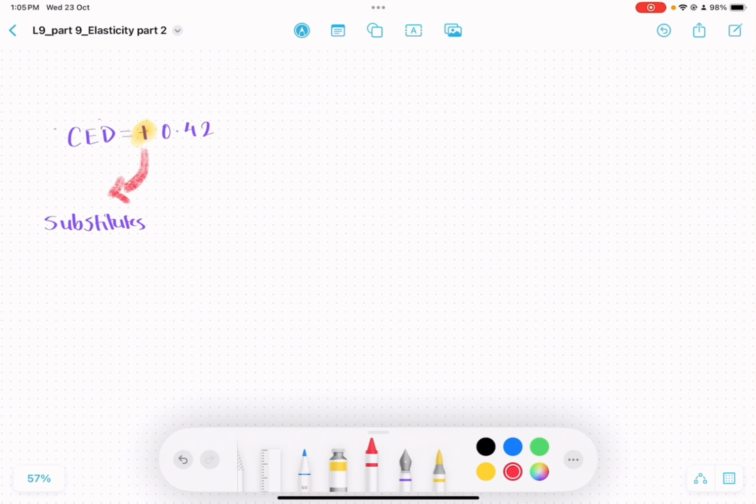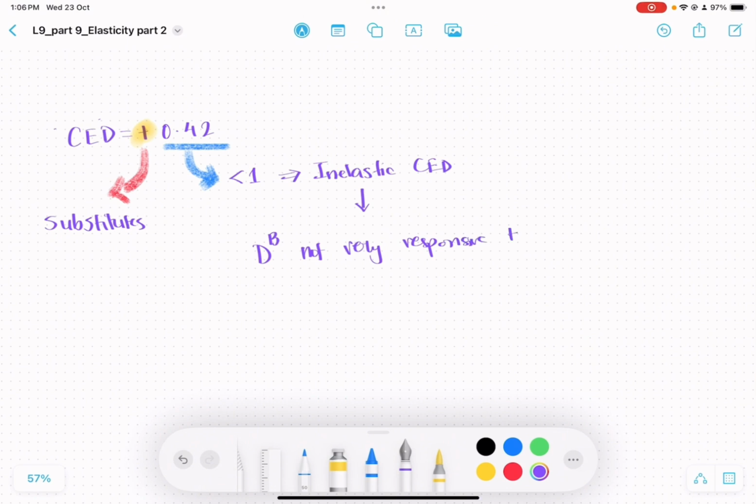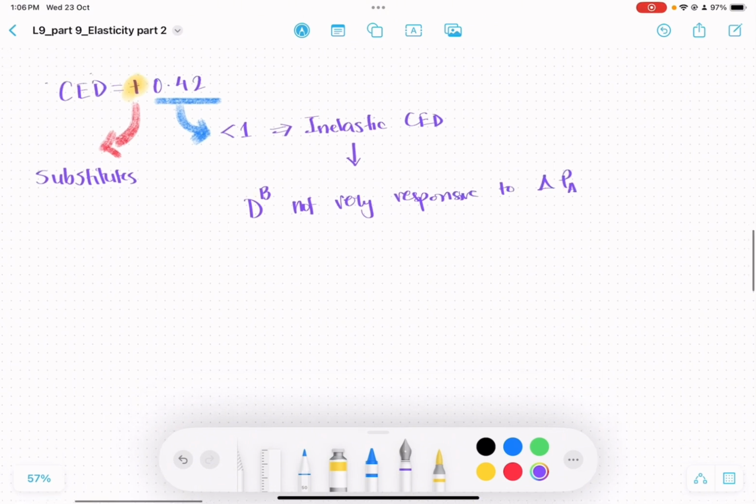What we are concerned with is this number. Because it is less than 1, we know that it is inelastic cross elasticity of demand, which essentially means that the demand for good B is not very responsive to change in price of good A.